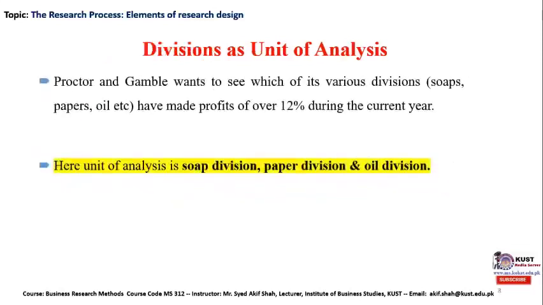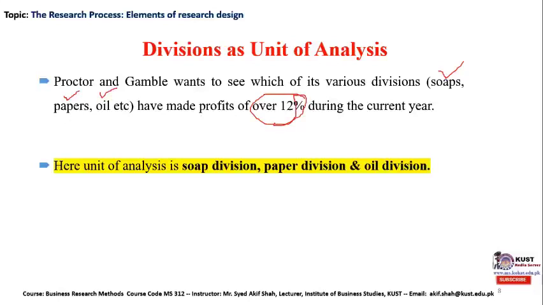Now let's discuss divisions as a unit of analysis. For example, take a conglomerate type of company, like Procter & Gamble. A conglomerate is a kind of company which has many divisions and many product lines. So Procter & Gamble wants to see which of its various divisions, like the soap division, the paper division, or the oil products division, have made profits of over 12% during the current year.